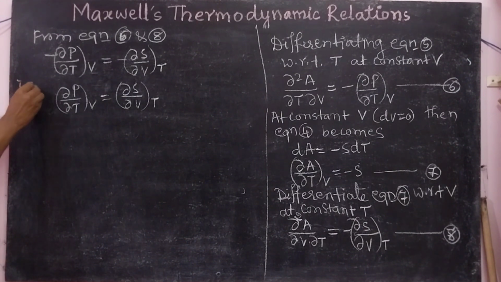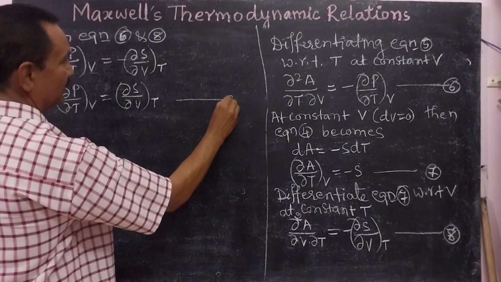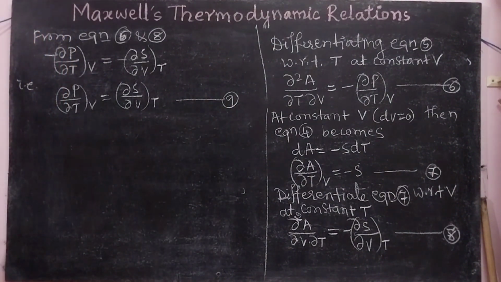We can remove the negative sign from both sides. That is equation 9, which gives the Maxwell's thermodynamic relation between P, T, S and V, derived from the Helmholtz free energy equation.